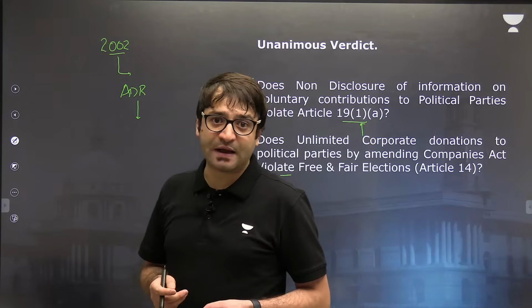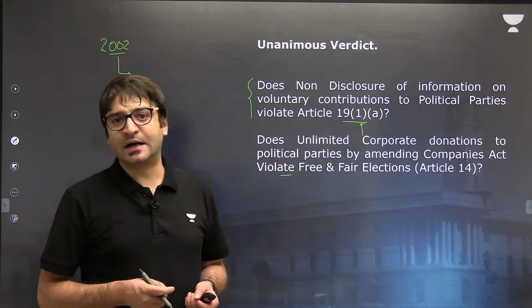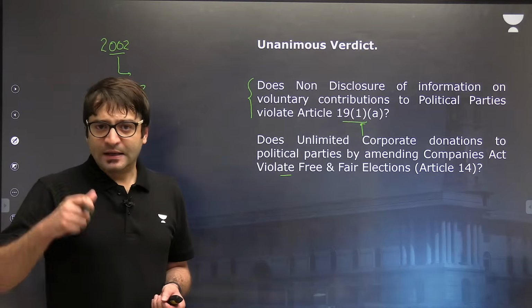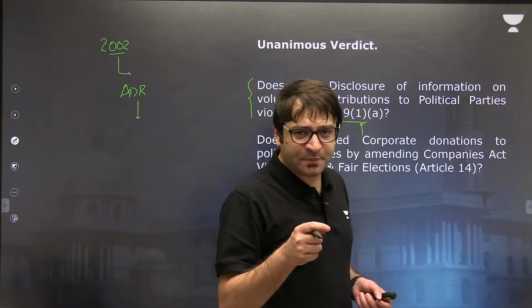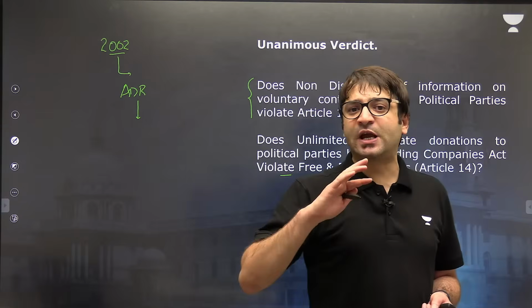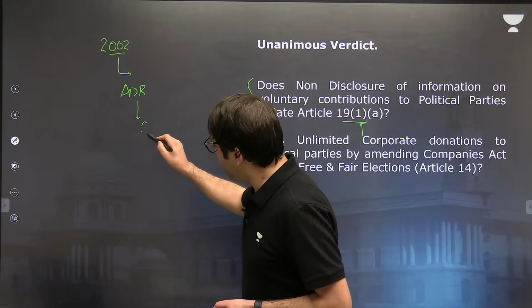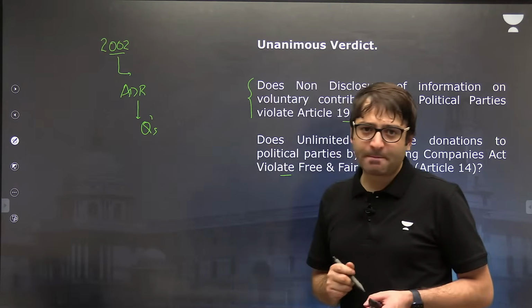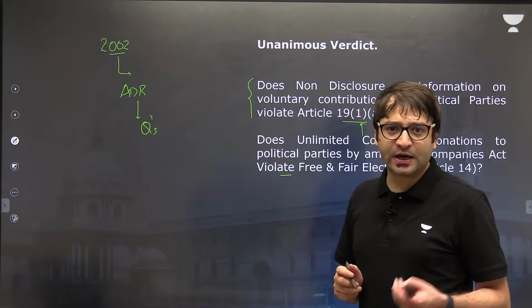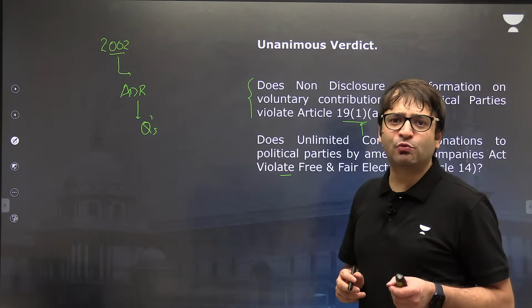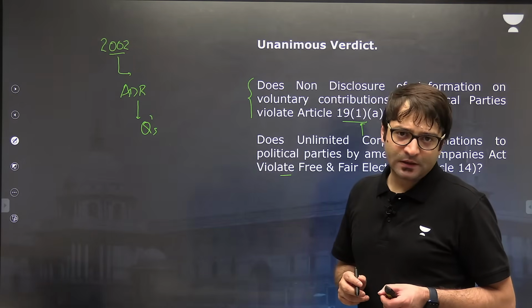Supreme Court said, yes, you have the freedom of speech and expression under Article 19(1)(a). ADR asked, does that mean if we have the fundamental right to say whatever we want to say, that also includes that we can ask questions? Supreme Court said, yes, you can ask questions, but to whom do you want to ask questions and why?